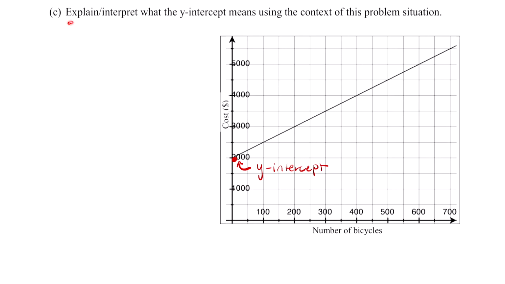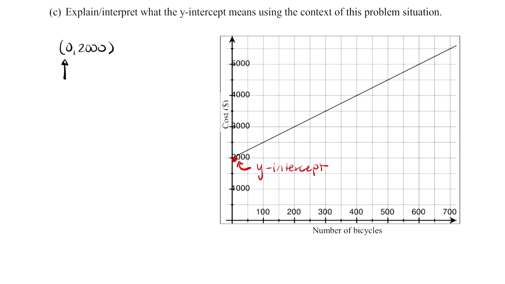Part C, explain, that is, interpret what the y-intercept means using the context of this problem situation. So if you recall, our x variable is the number of bicycles, and our y variable is the cost in dollars to produce those bicycles. So what is our y-intercept again from the previous part? We know it is (0, 2000).